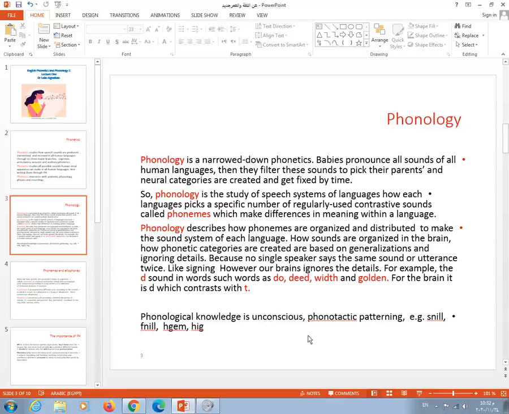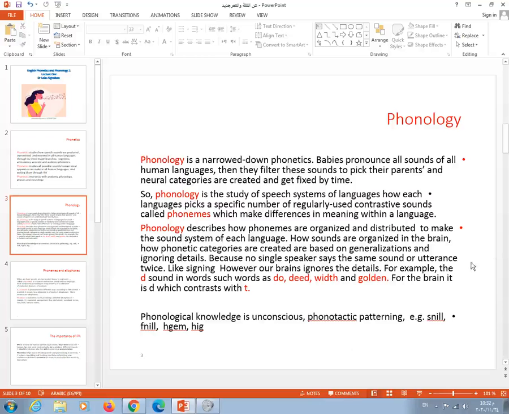And the phonotactic patterning, or the clustering of sounds, phonology is also dealing with that, telling us the rules that organize how sounds get together in order to form words and so on.